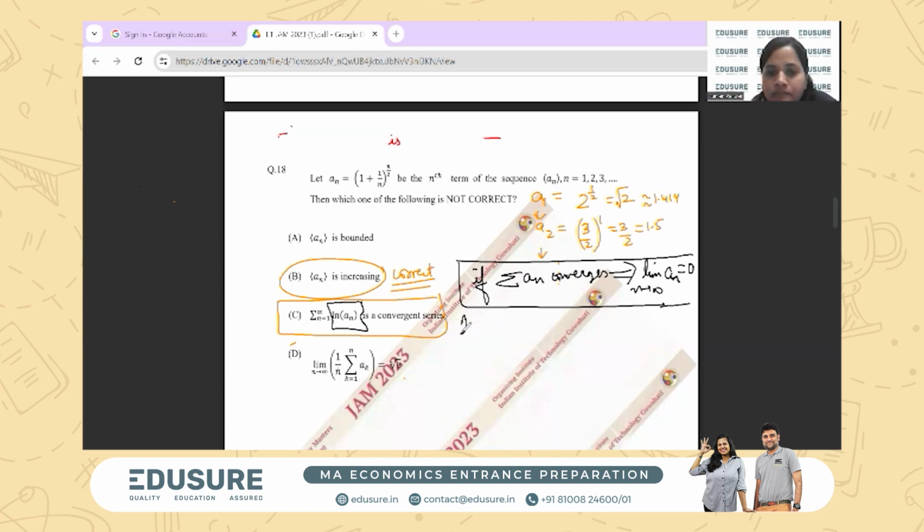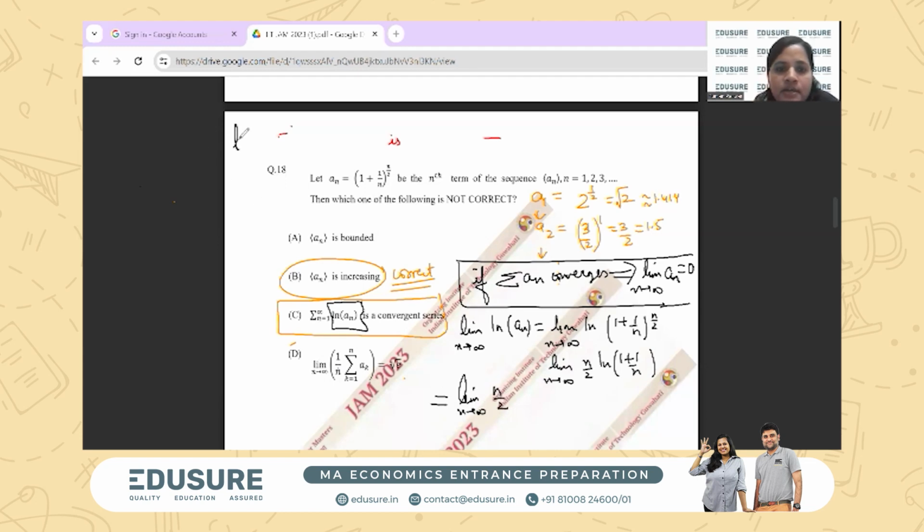Now limit n tending to infinity ln a_n will be limit n tending to infinity ln (1 + 1/n)^(n/2). The power comes out, so it is (n/2) ln(1 + 1/n).